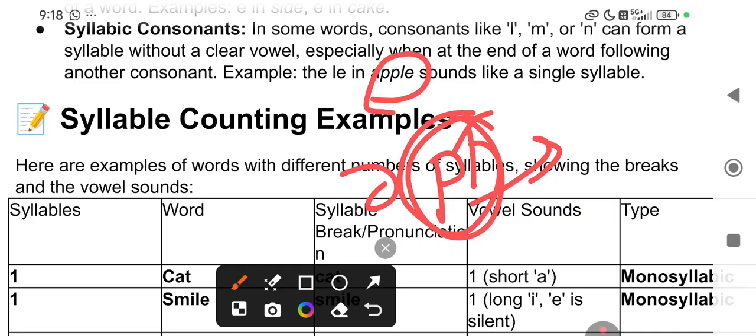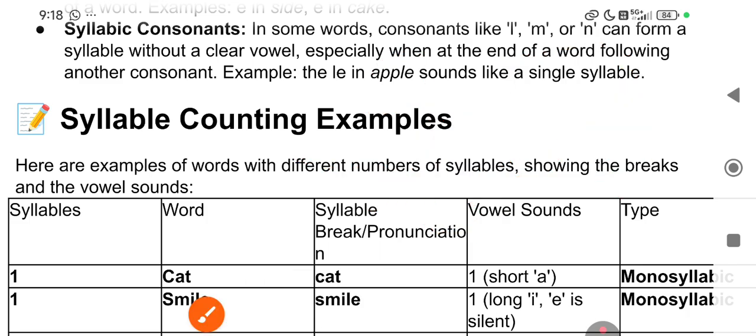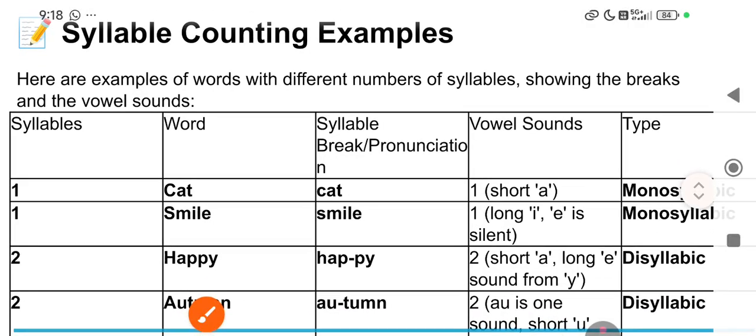So there is one syllable and the LE will be counted as another syllable.